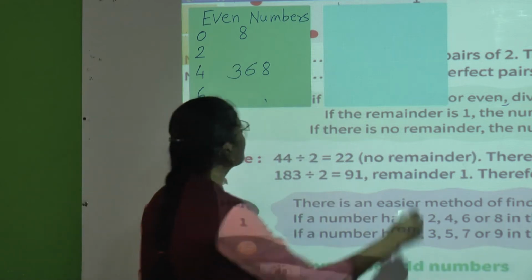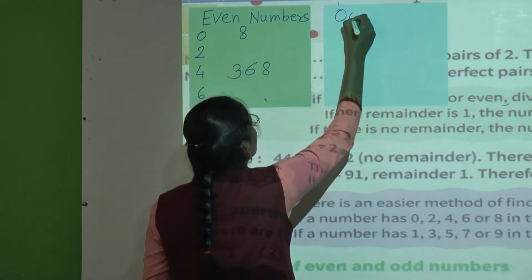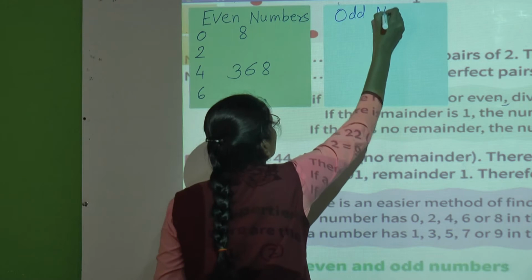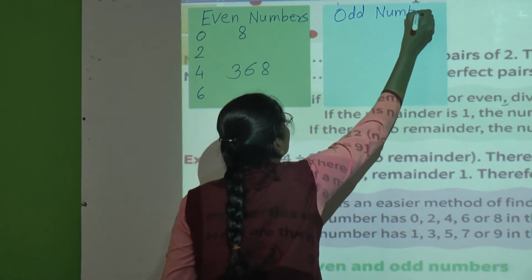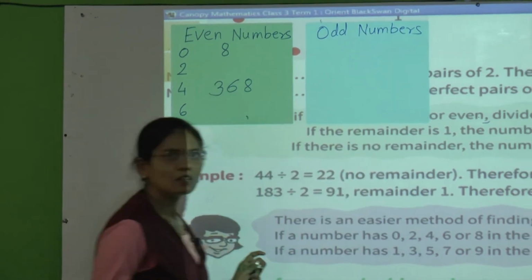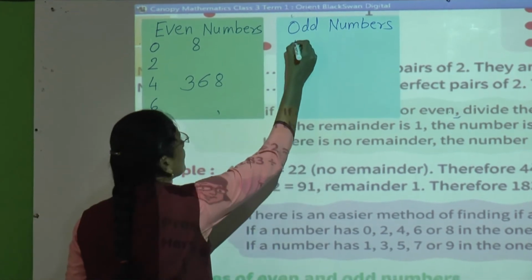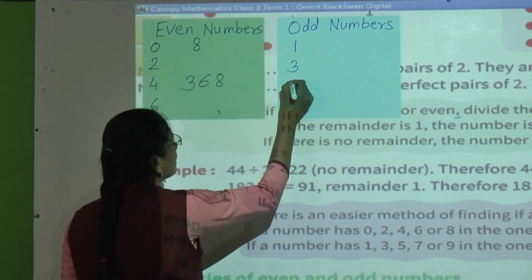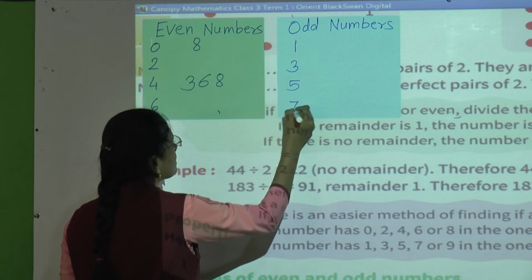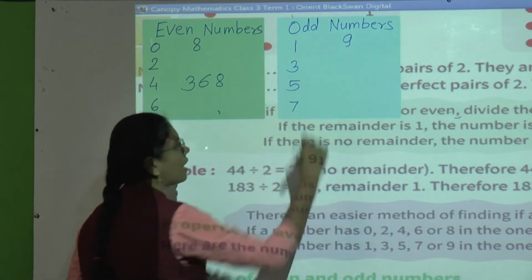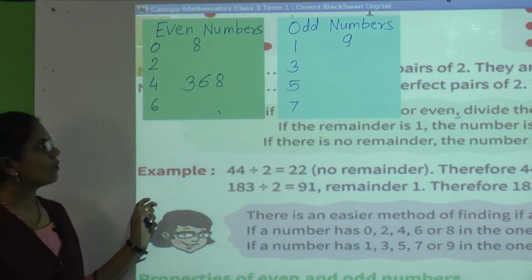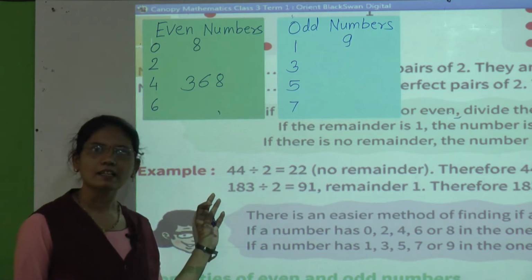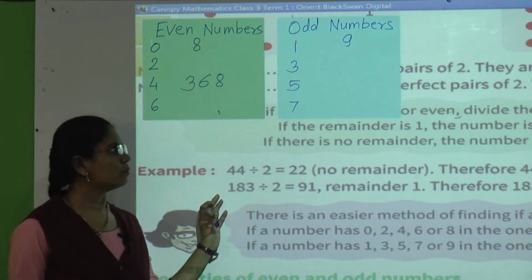Now we will see odd numbers. Tell me the odd numbers. Odd numbers are, yes, 1, 3, 5, 7 and 9, isn't it? These are the odd numbers.